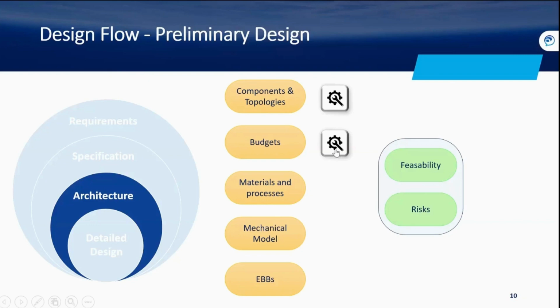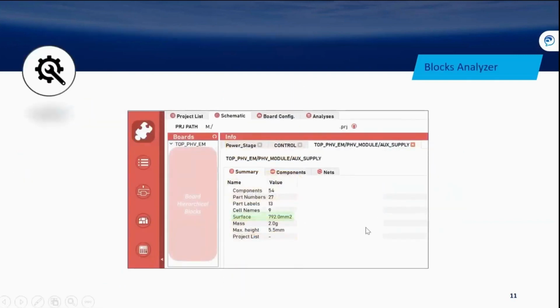So for this particular budget, a tool has also been developed. You can see it here. We call it blocks analyzer, and it will automatically read our electrical and electronic schematics and give us super useful data such as the total occupation, the total mass of that module or of that function, and, for example, the maximum height of the highest component.